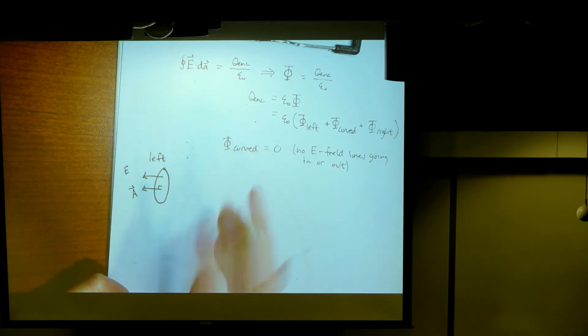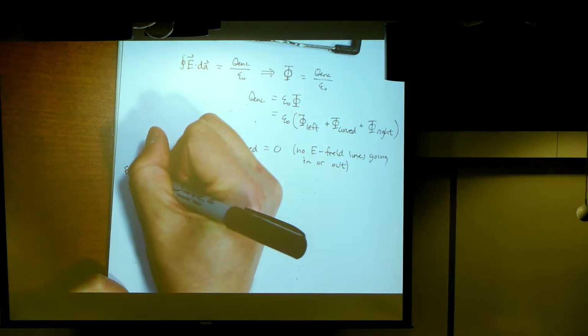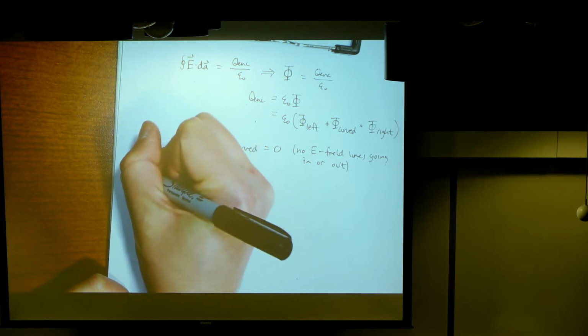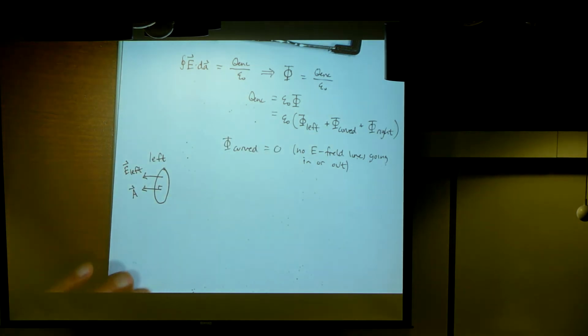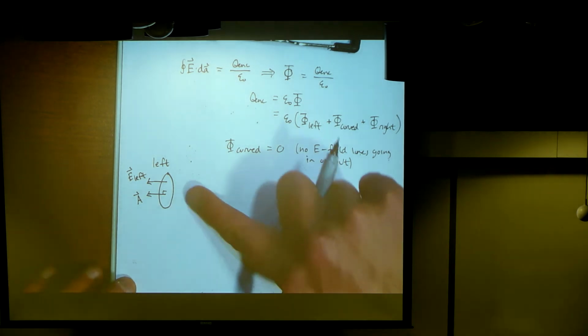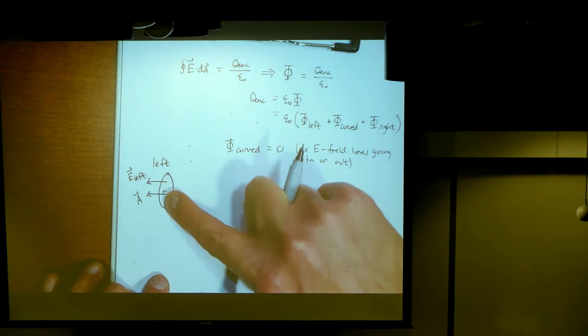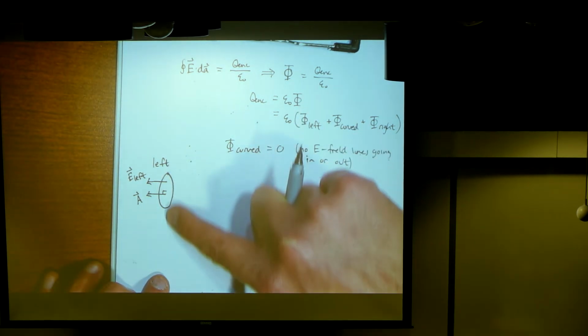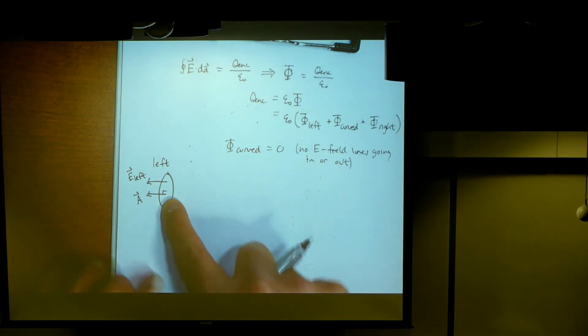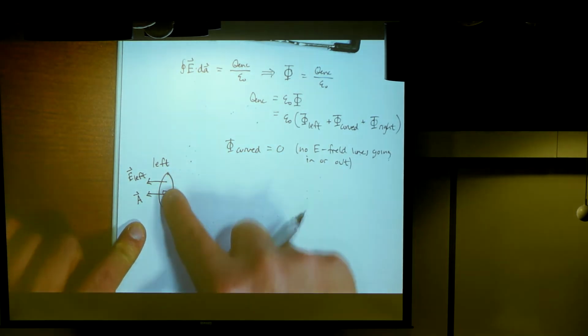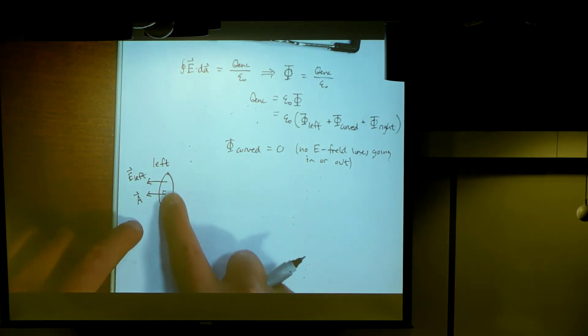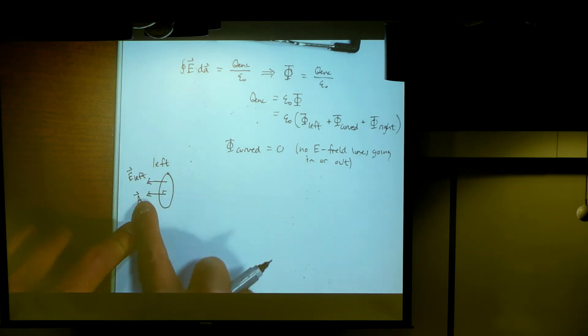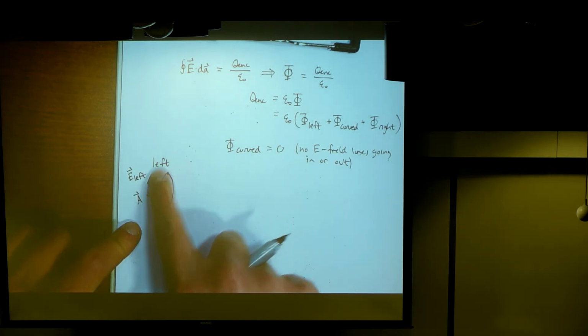And since I have a different amount of electric field on each side, I'll call this E left. Does that make sense? Now this E field is actually uniform over the surface. It takes on the same value at all points along the surface, and it's pointing in the same direction. So I don't actually even need to do an integral here. I can just do E dot A because it's uniform.